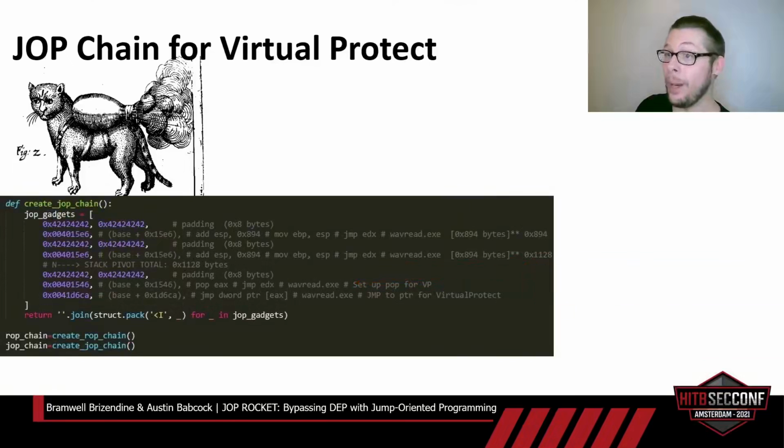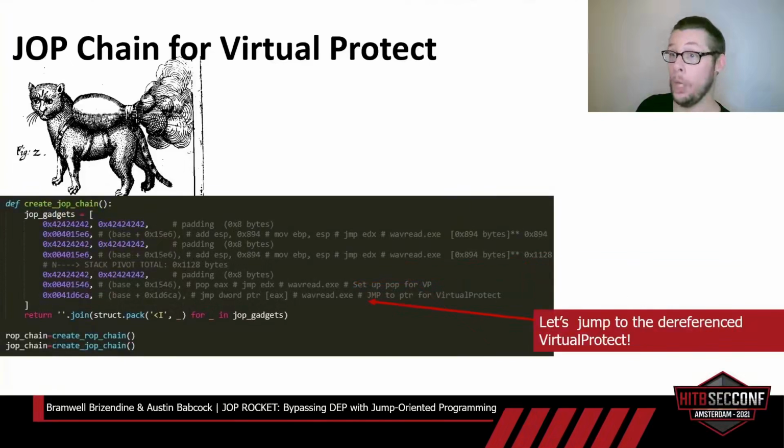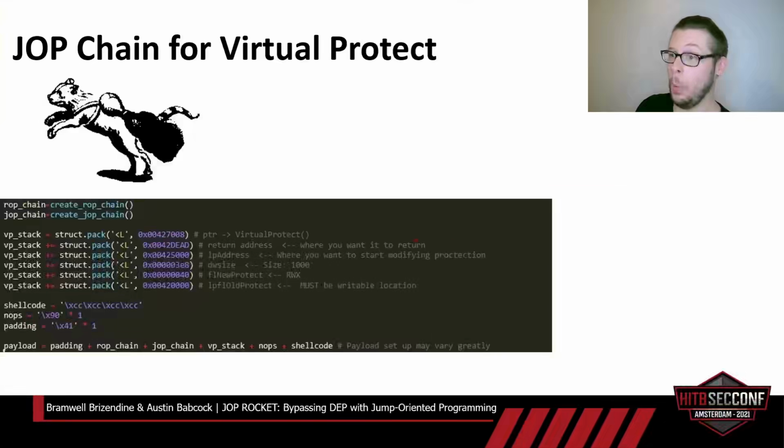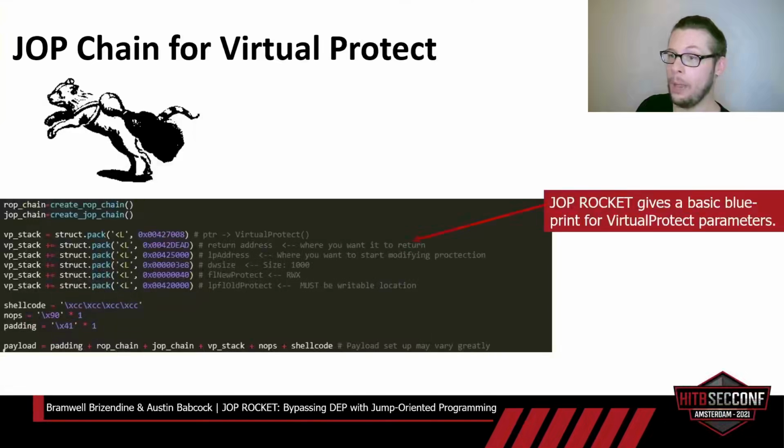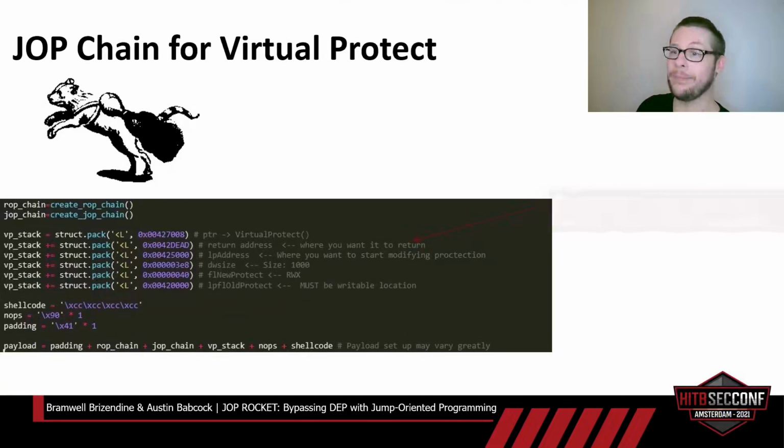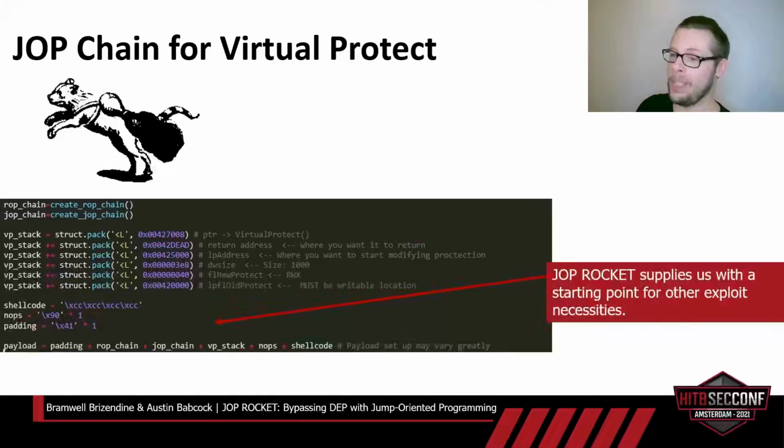And then from there, that's when we actually make the call to VirtualProtect. And so we want to have all of our stack parameters, which we do. And if everything is set up and there's no special issues you need to address, then you have a good exploit. JOP Rocket also provides some other good starting points for you there.